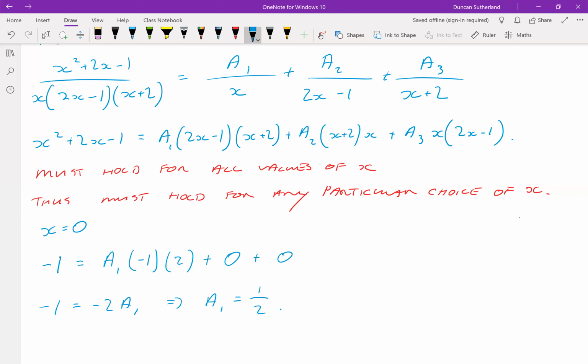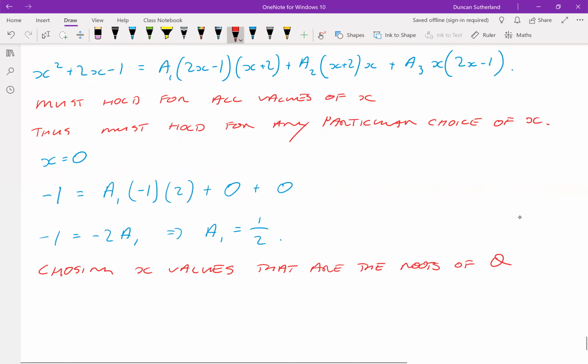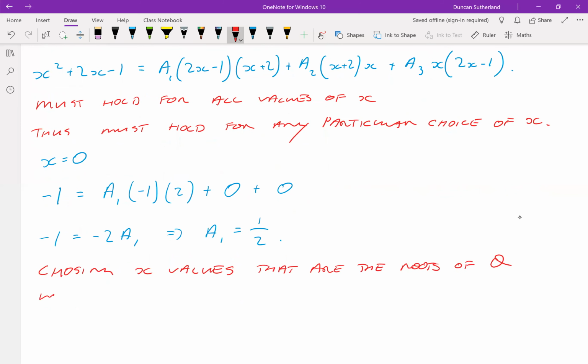So by carefully choosing x values that are the roots of Q, I can deduce A1, A2, and A3. All right, so I'm just going to go ahead and do that.